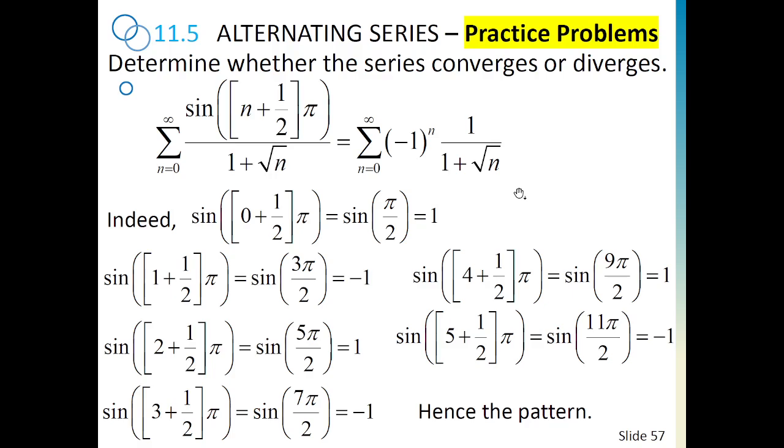So it was not obvious from the beginning, but if we check the value at different values of n, what is the value of the sign of the expression, we realize it's 1 and minus 1. So this is just a small trick. So sometimes in these situations it is just an alternating series.